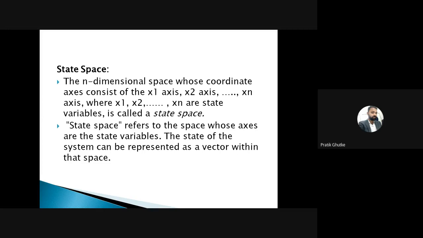The state space refers to the space whose axes are the state variables, and the state of the system can be represented as a vector within that space. So this is the definition for the state space.